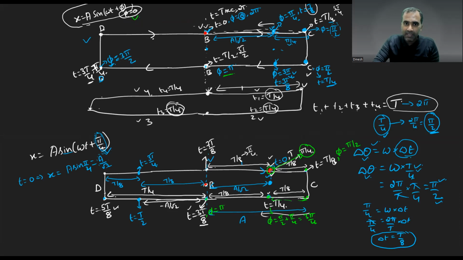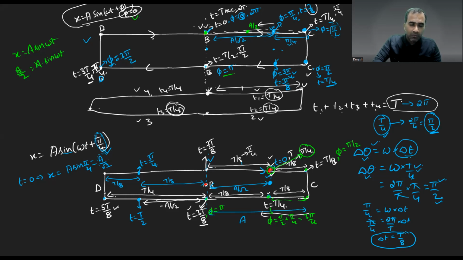If you take the phase 0 case, this is the starting point, so it will become x equal to A sin omega t. Now from here, you want to reach this point, the A by 2 point, right? So what is the displacement? A by 2. I'm taking initial phase as 0 just to calculate this. A by 2 equal to A into sine omega t, or sine theta.